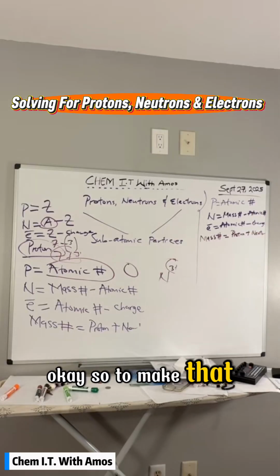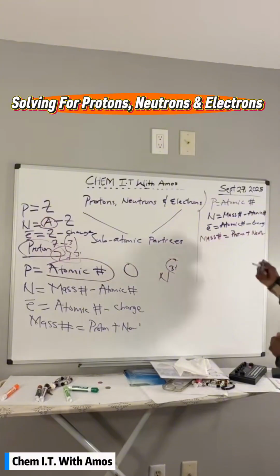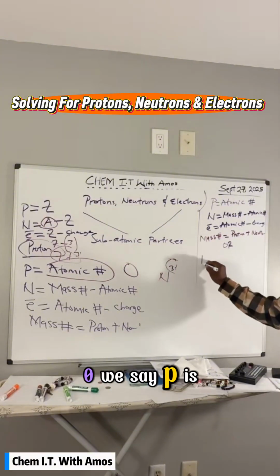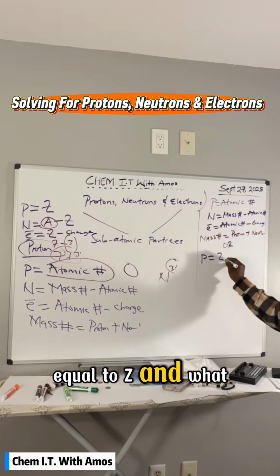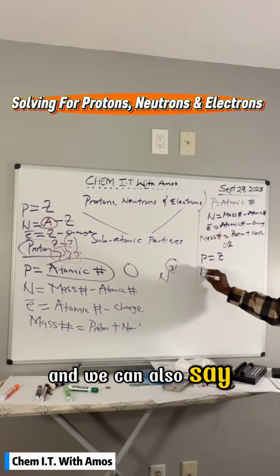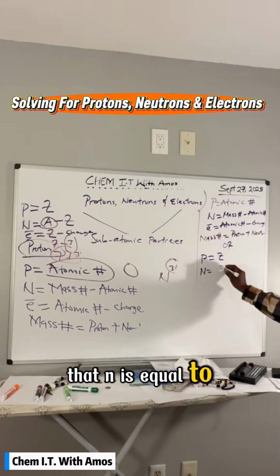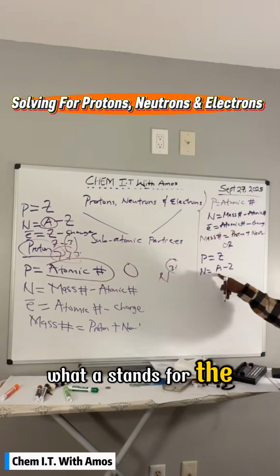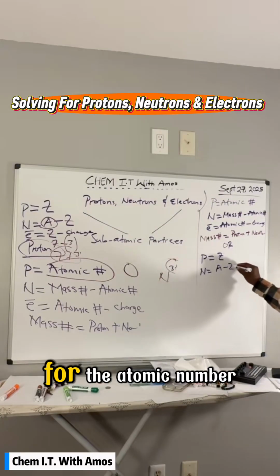Okay, so to make that short, we can say P is equal to Z. And what does Z stand for? Z stands for the atomic number. And we can also say that N is equal to A minus Z, where A stands for the mass number and Z stands for the atomic number.